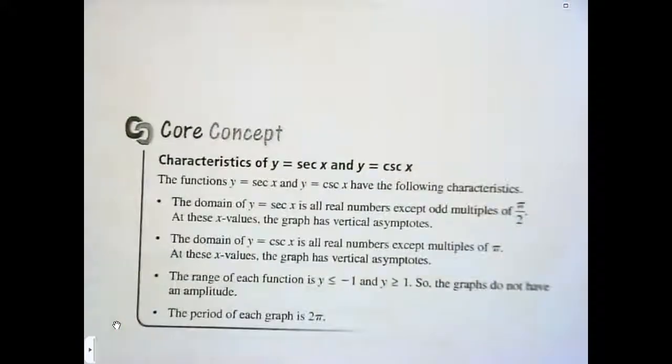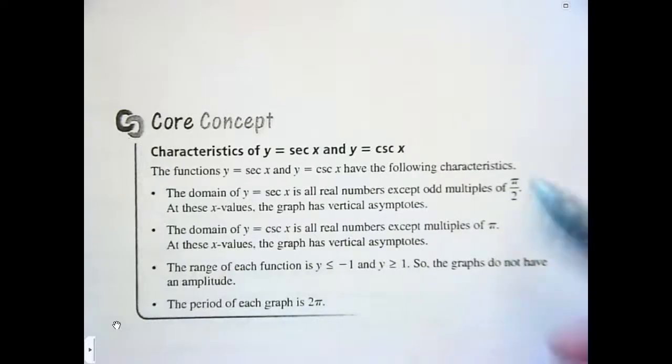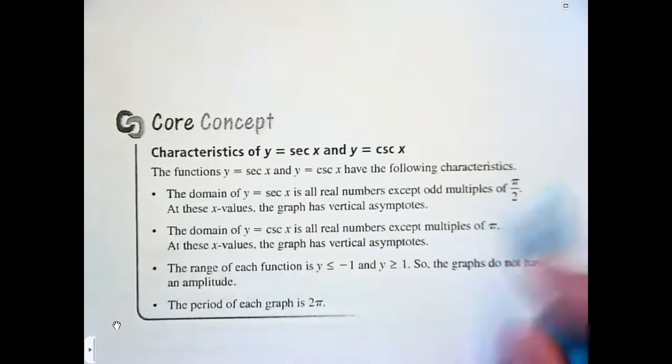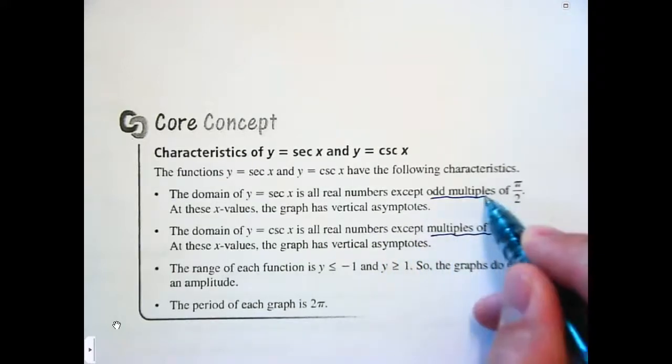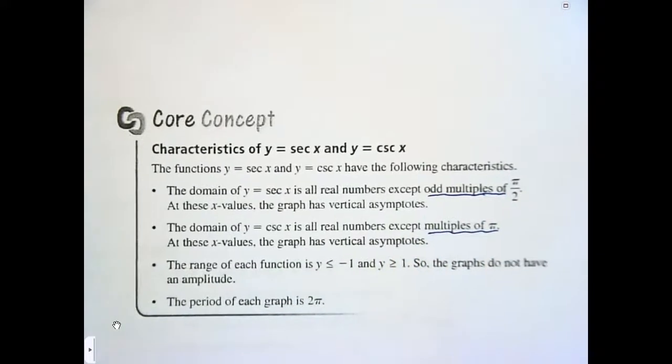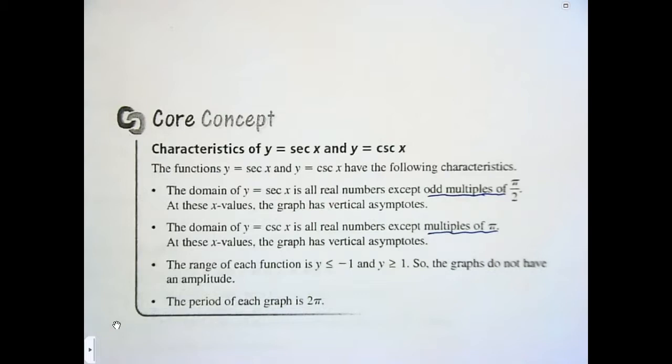When you talk about secant and cosecant, I'm not going to go through the whole piece that I just did with cotangent and tangent, but walk through it the same way. Okay, it talks about the same stuff. Okay, multiples of pi over 2. Please note that secant and cosecant do not have amplitudes because they never stop increasing or decreasing.